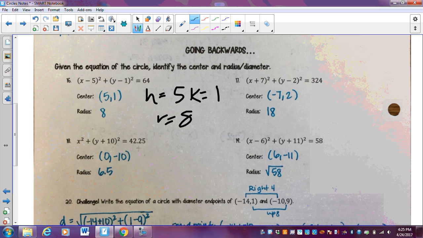On one like 17, you have to be careful. Your center's at negative 7, 2, because there's a plus in front of that 7. And so if you were to rewrite this as x minus h, you would end up having to have x minus negative 7. And so that makes your h value negative 7.